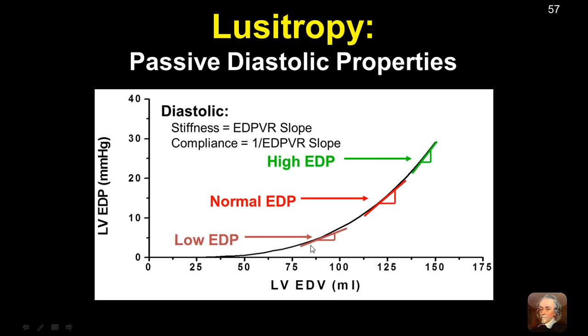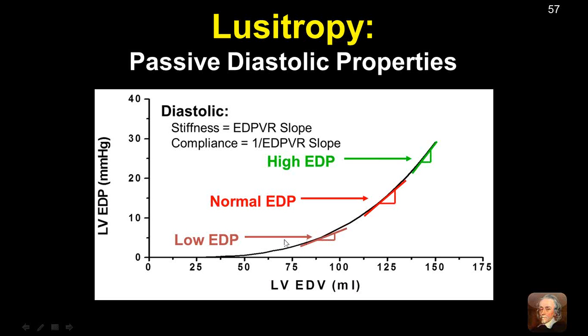So if you think of the heart as an elastic chamber in diastole, and you want to understand its stiffness, you would look at the slope of the line that describes its pressure-volume relationship. So the stiffness is the slope, and the compliance is the reciprocal of the slope.